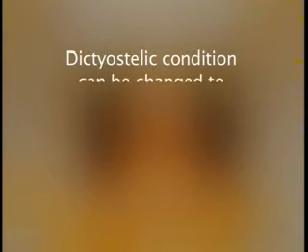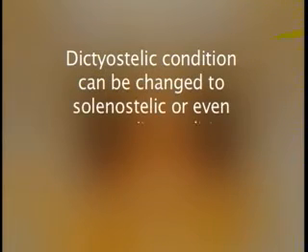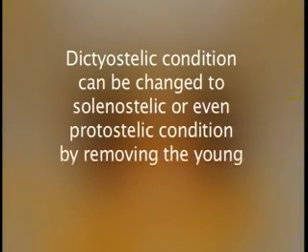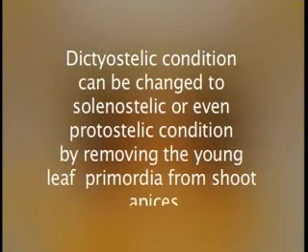Recent experimental studies also reveal that the dictyostelic condition can be changed to solenostelic or even protostelic condition by removing the young leaf primordia from shoot apices. All these observations prove that protostele is the basic or fundamental stelar type from which the complicated steles or vascular systems arose by elaboration.